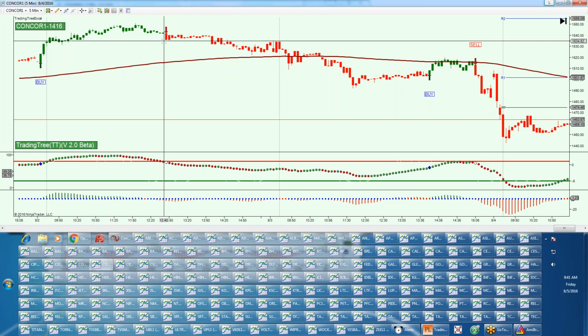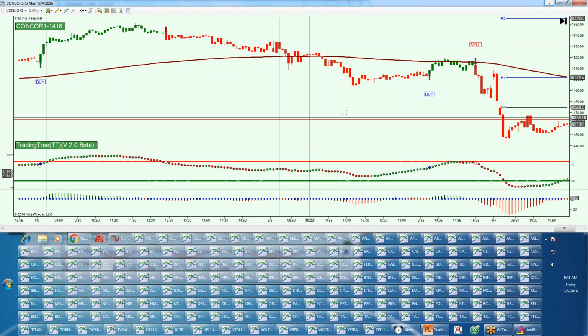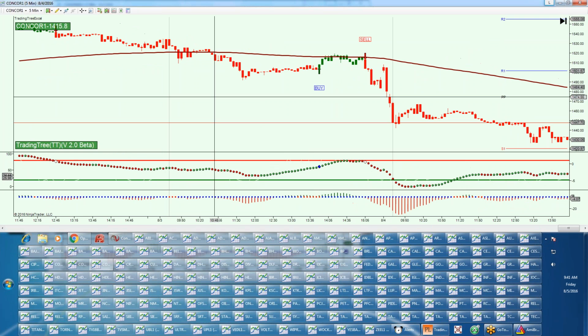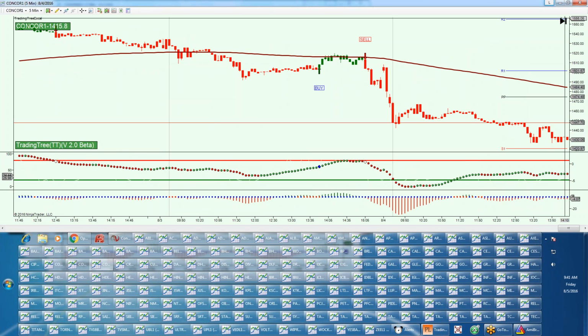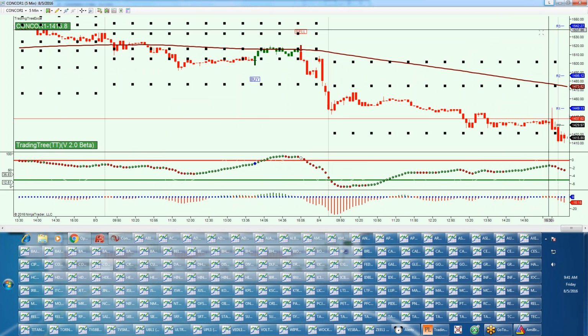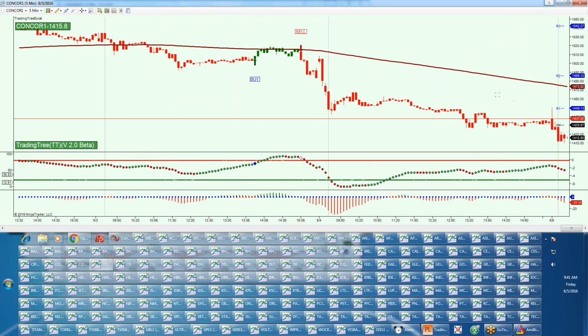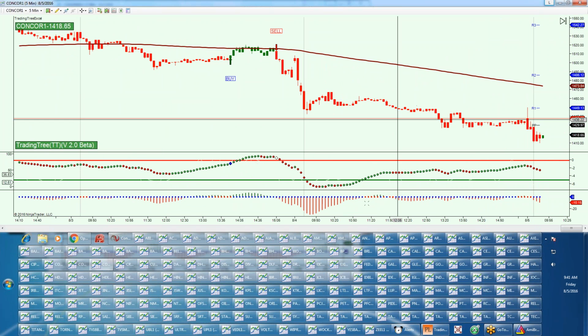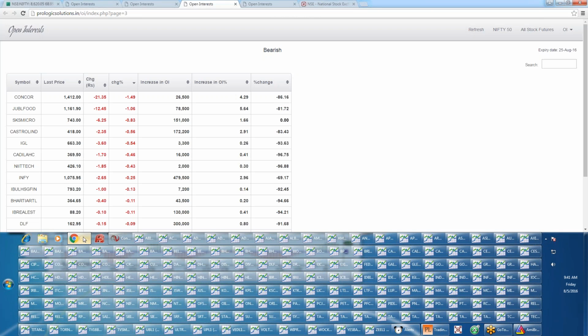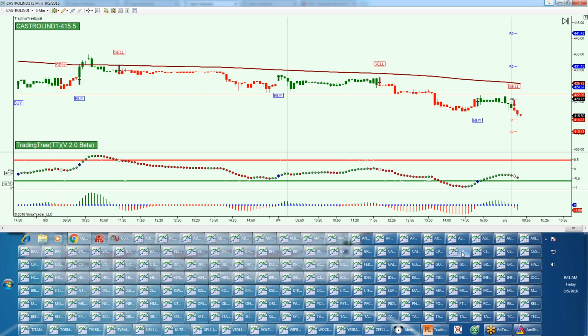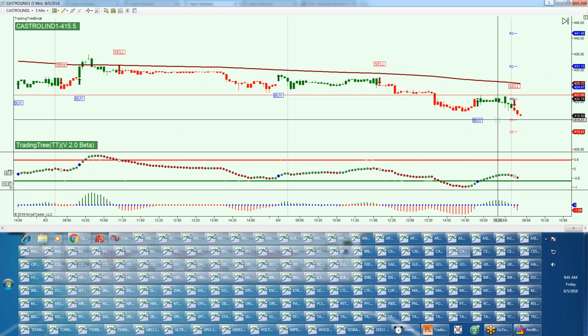So you could have shorted it at 15.30, and now the current price is 14.15. So there goes Castrol. So you know the target here.